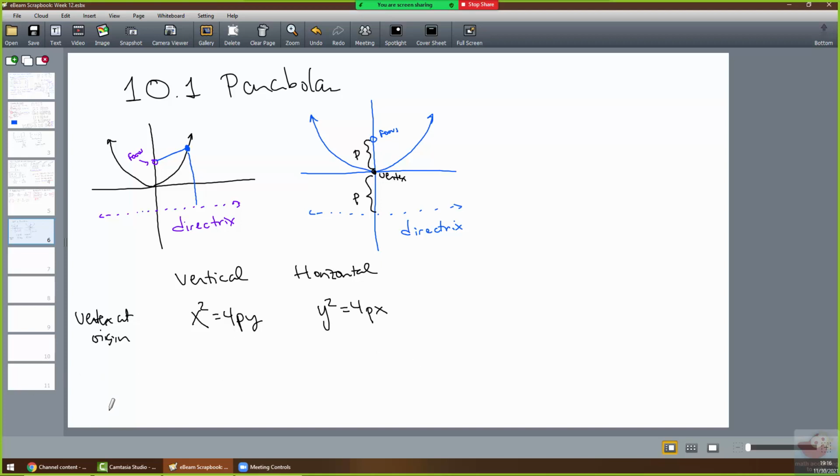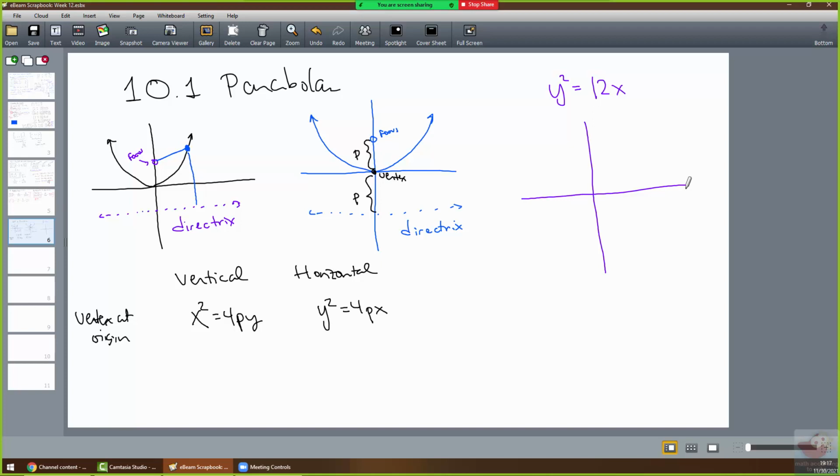Before we do the second row of this table, let's quickly jump to an example. Let's suppose I wanted to draw y squared equals 12x. Let's break this down.